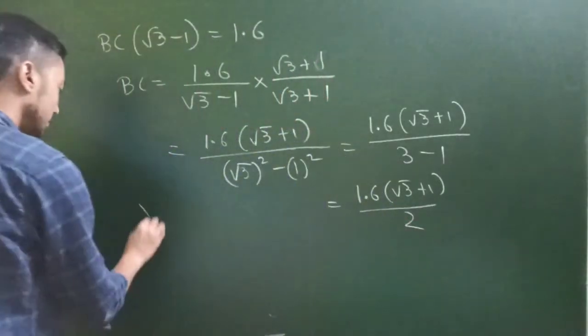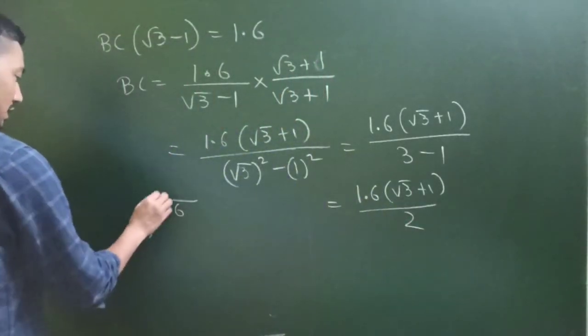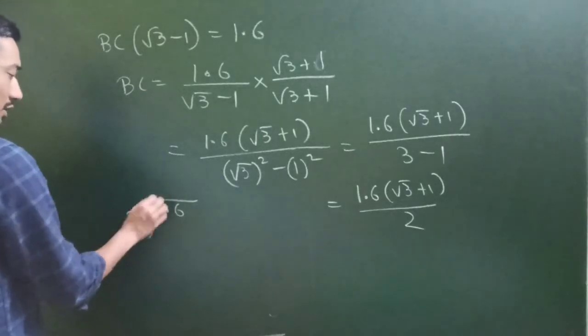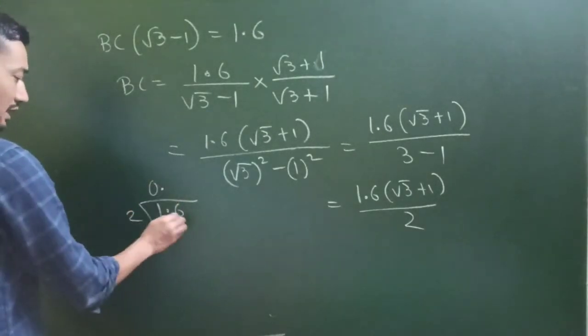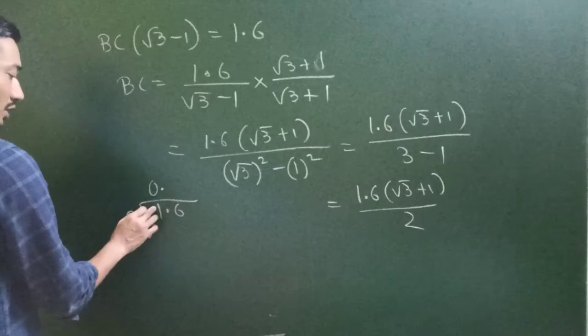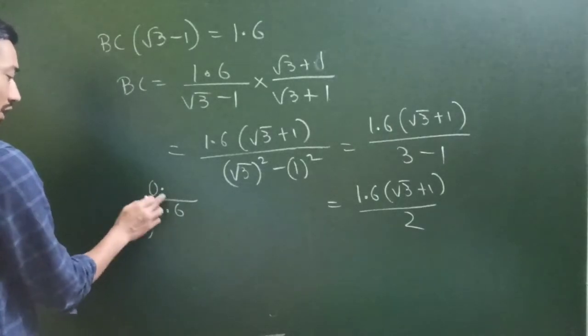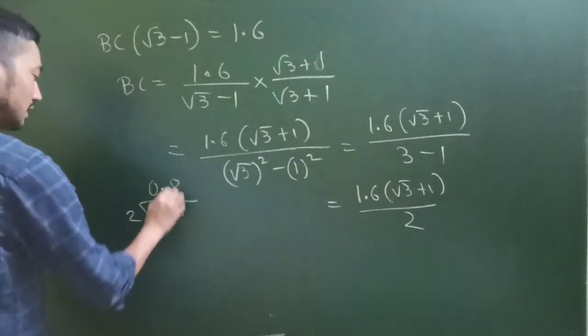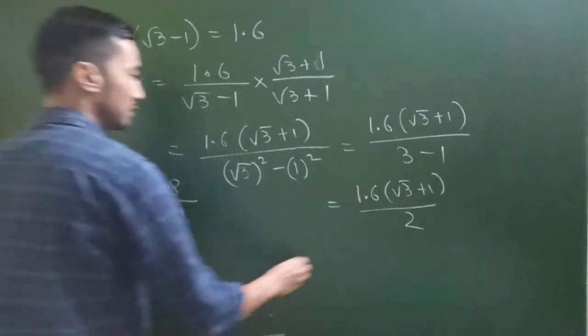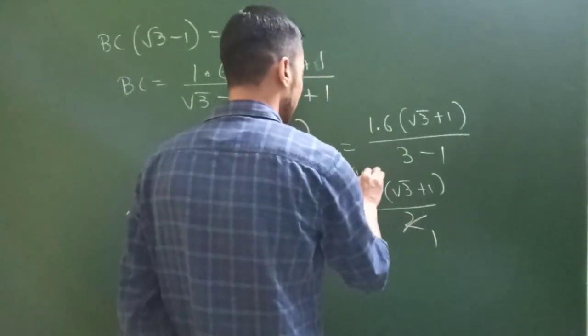Now 1.6, if we divide by 2, 1 is not divisible by 2, so 0 comes, now decimal starts, so 16, 2 8s are 16, so 0.8.